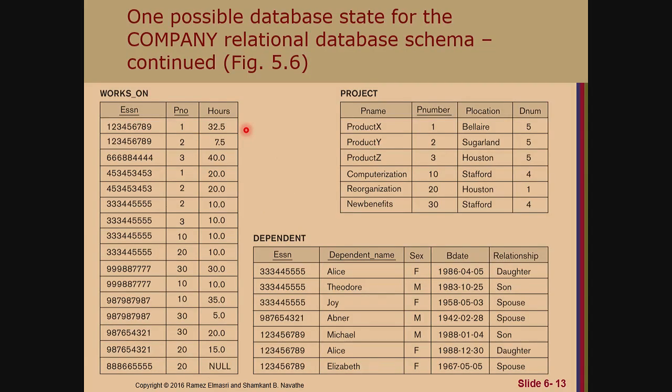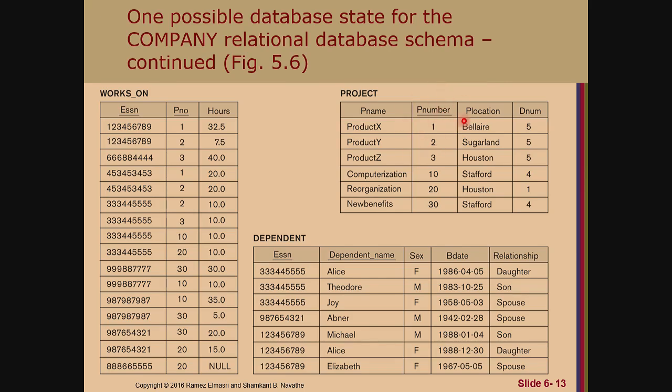Project. As we can see here, project has 4 attributes, 4 columns. The first one is P name, project number, P location, and department number. From the requirement, we know that the project name uses characters, right? And the P number is a number only, and this one is also the primary key.